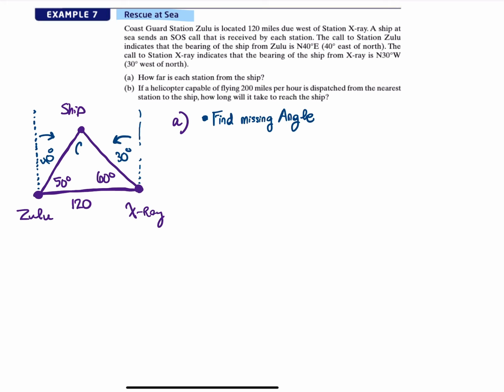So let's call this angle C. Let's call this side length A, and let's call this side length B. So I can say C should be equal to 180 minus 50 minus 60. So that gives us 70 degrees.